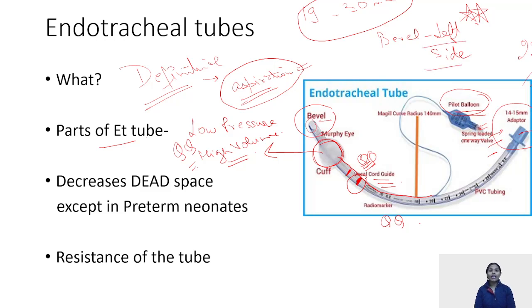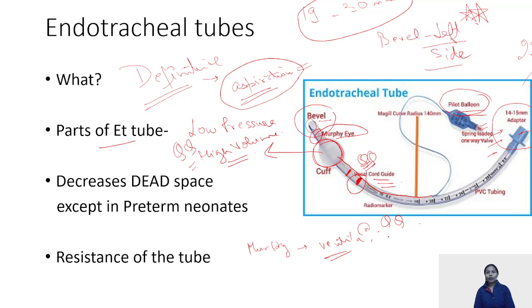Then you have an extra opening here, which is the Murphy's eye. The Murphy eye is present as an alternative path for ventilation in case the tip gets obstructed because of blood or secretions. Then you can have patency or an alternate ventilation through the Murphy's eye.